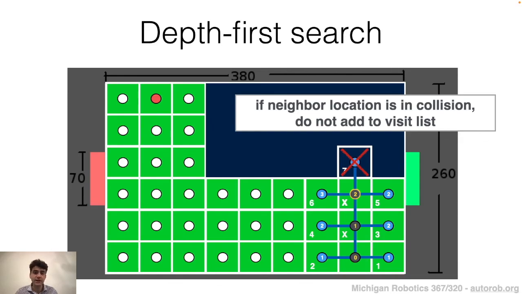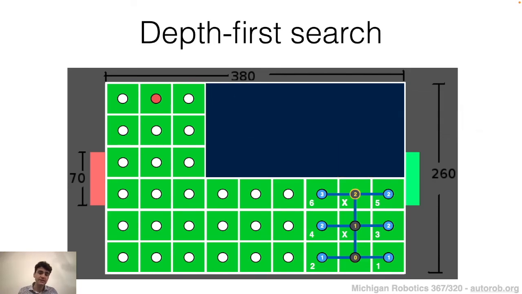It would result in a collision. So when it identifies that, it'll decide not to add that neighbor node to the visit list. In this particular case, node 7 has that red X crossed out to indicate that it would not be added to the visit list during this iteration of the graph search. Instead, we'd be left with the visit list of just node 5 and node 6 to consider.